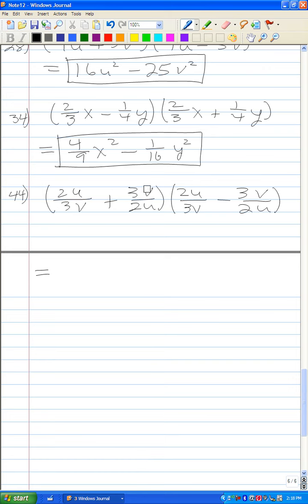The only difference is one is a plus, the other has a minus. And so 2u times 2u is 4u squared. 3v times 3v is 9v squared. Positive times negative is negative. 3v times 3v is 9v squared. 2u times 2u is 4u squared. And that is your answer.